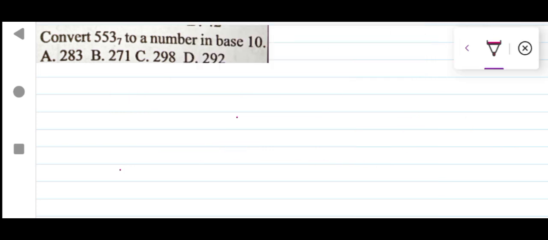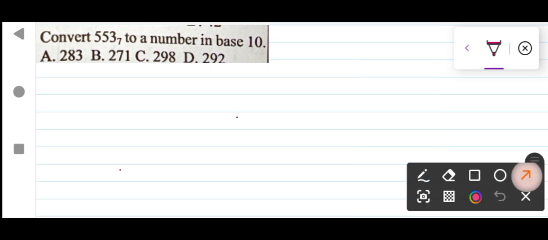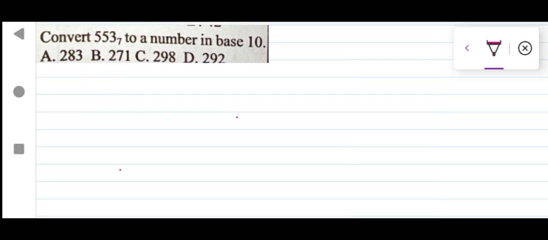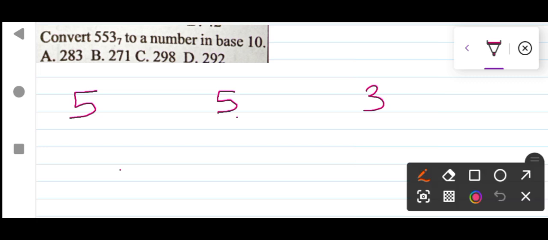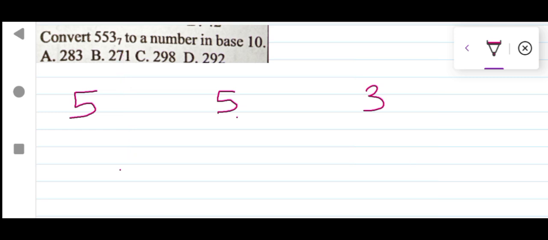So looking at this right here, you have 5, 5, and 3. Let's write that down. And of course, you would observe that we have base 7. So we multiply by the base. Anytime you are converting any base to base 10, you multiply each of the given numbers by that base given, then you are good to go.